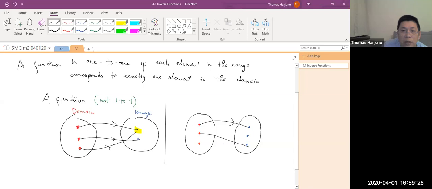Let's say something like this. This is a function, and it is one-to-one.